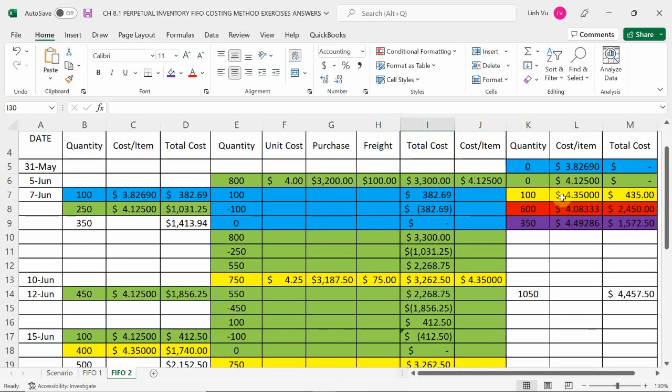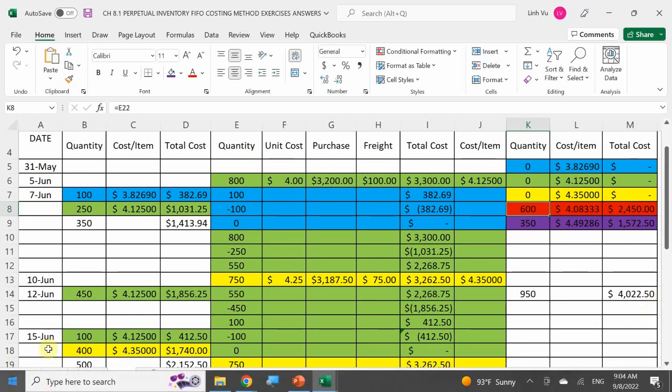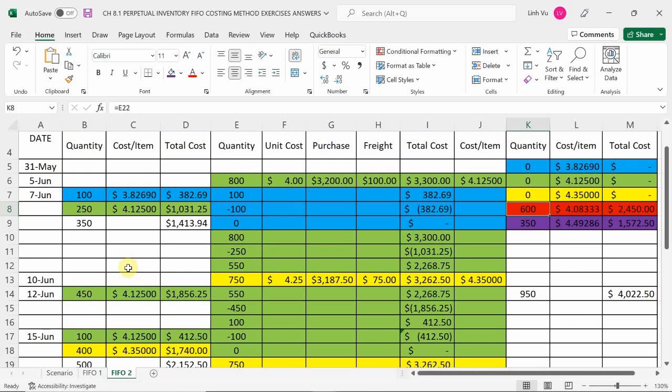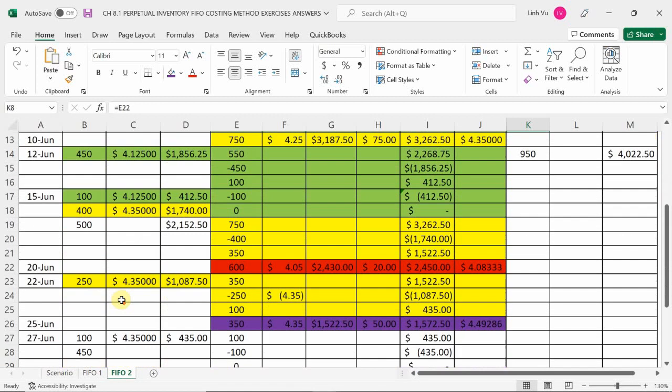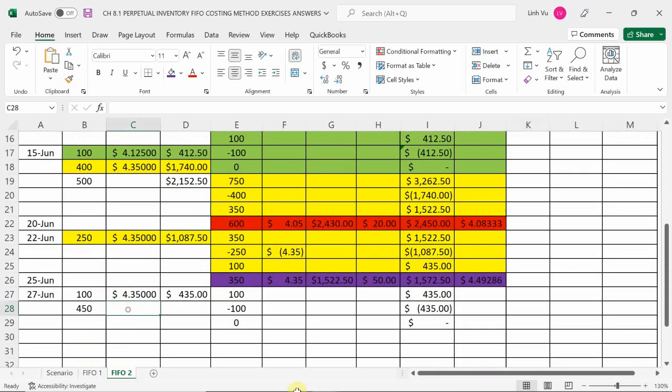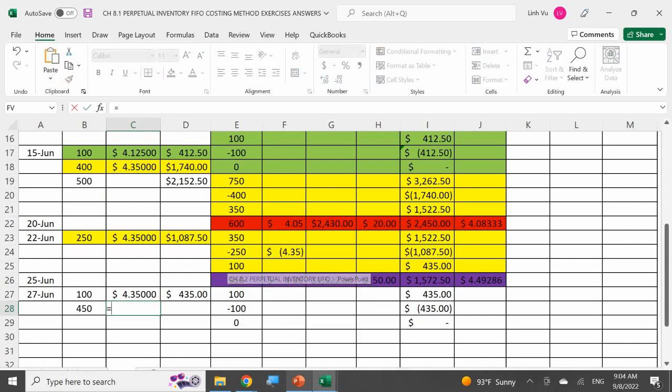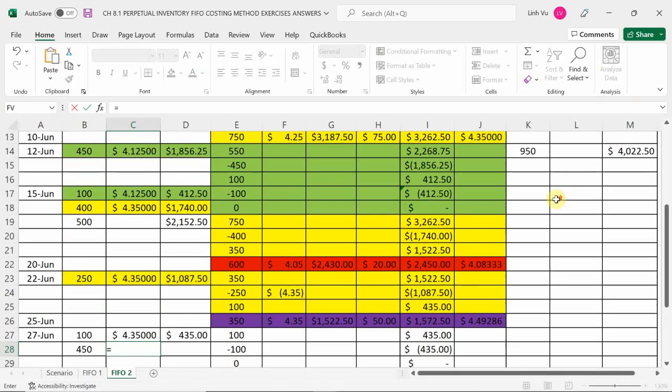And I can go ahead and 0 this out here. Okay. And I'm going to take 450 units out of my red batch. What is my current cost per item for my red batch of inventory? $4.08.